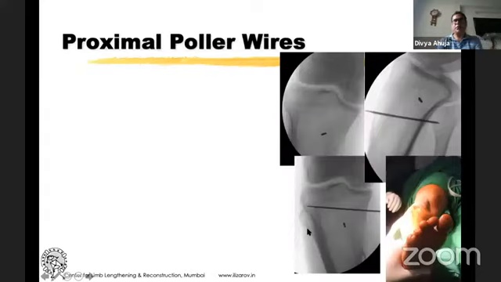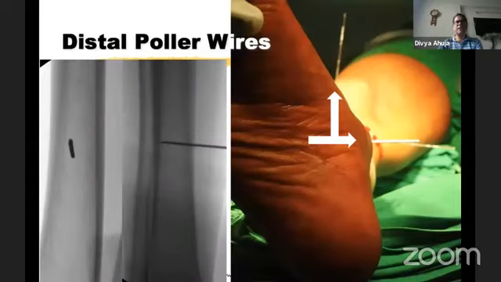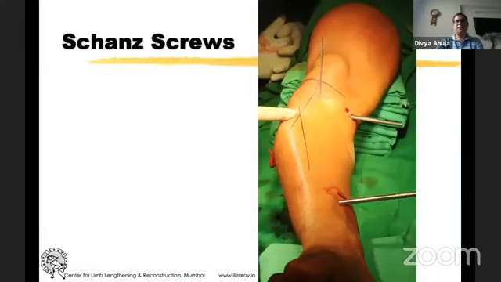So we used polar wires here. This is the proximal polar wires, passed perpendicular in both planes. And these are the distal wires, with the white arrows showing the two perpendicular wires. Then we passed Schanz screws over these wires.